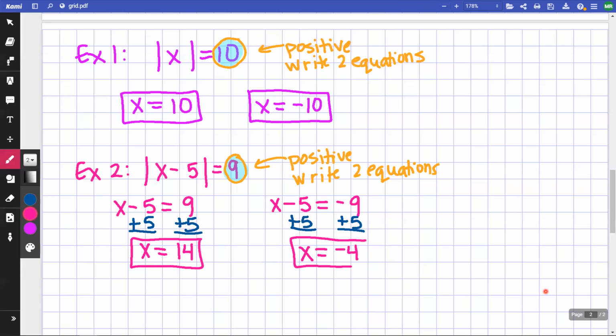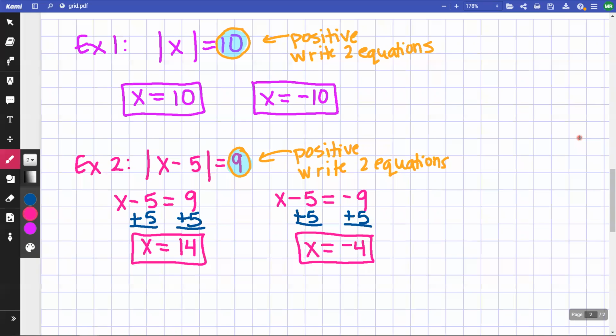Now, I don't need to double check my math, but if I was to take 14 and put it into this equation right here, 14 minus 5 is 9, and the absolute value of 9 is 9. That checked out. Negative 4 minus 5 is negative 9, and the absolute value of negative 9 is 9. Okay, so you see that's why we're getting two answers.